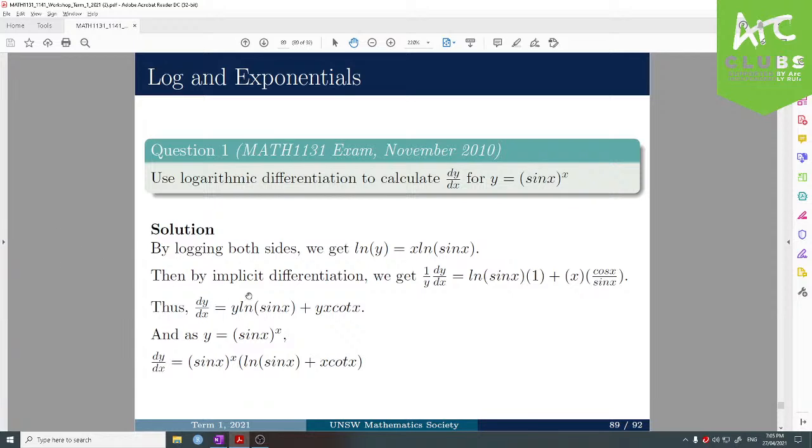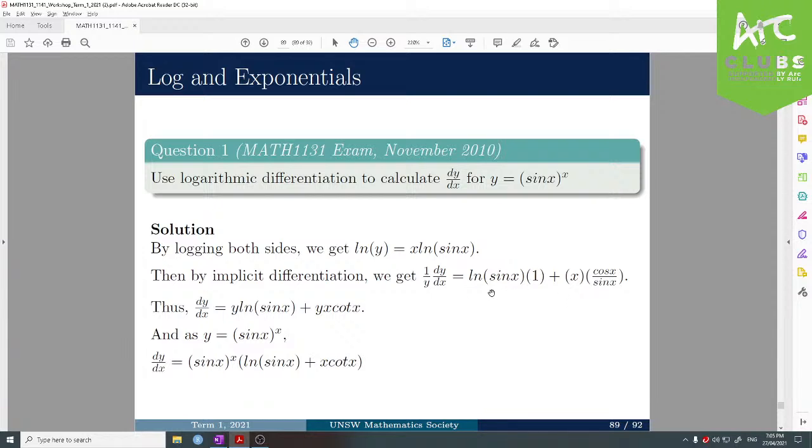Okay, then by implicit differentiation, we get that the left-hand side becomes 1/y dy/dx. The reason why we get an extra dy/dx term here is because y is inherently a function of x, right? And so when we differentiate this, we have to apply chain rule. We need to differentiate ln y normally, so just 1/y, but then we must also times it by the dy/dx term because y is a function of x.